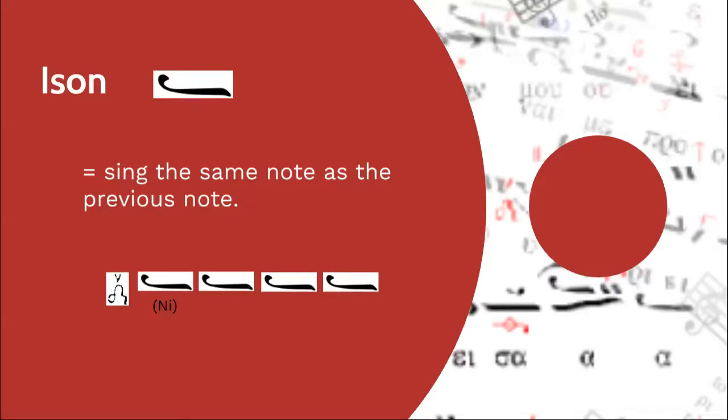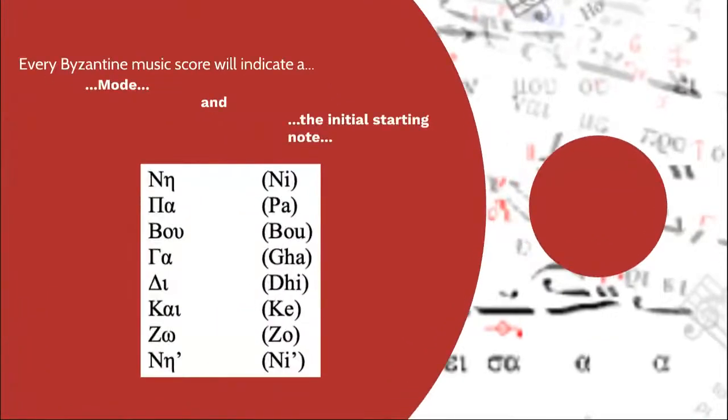This may raise another question. If we were chanting ni and then ni again, what does ni sound like and how do we know? Every Byzantine music score will indicate a mode and an initial starting note that the hymn is based on. We'll go into these details at a later time, and for now, I'll introduce the starting pitch to you.